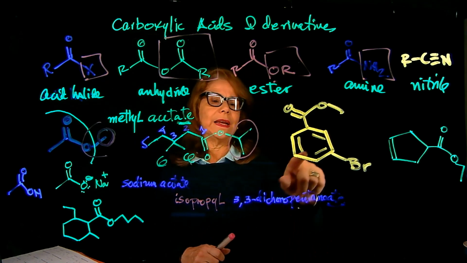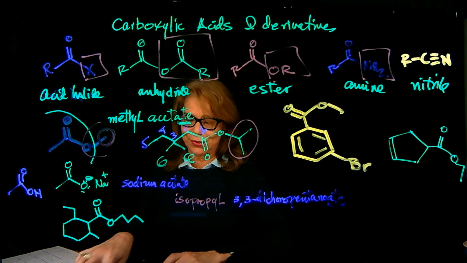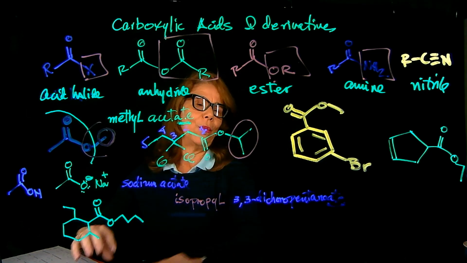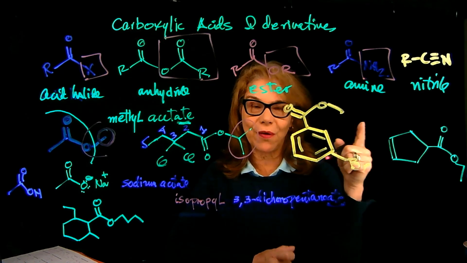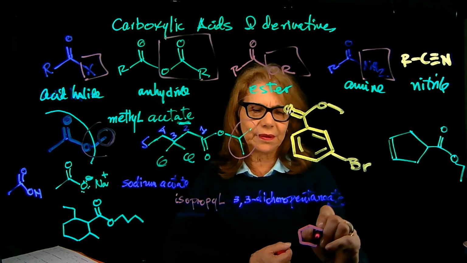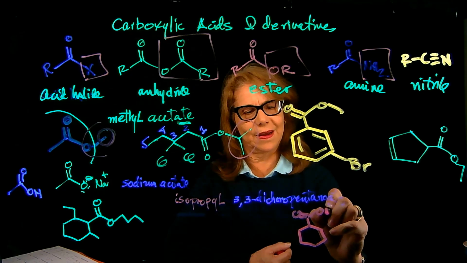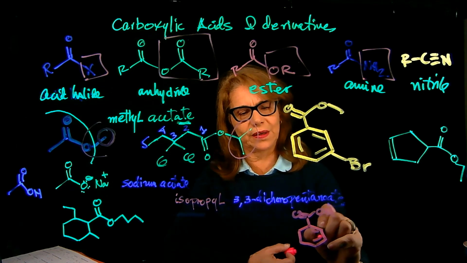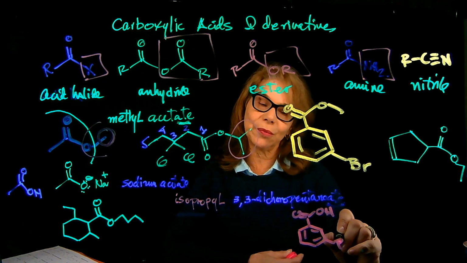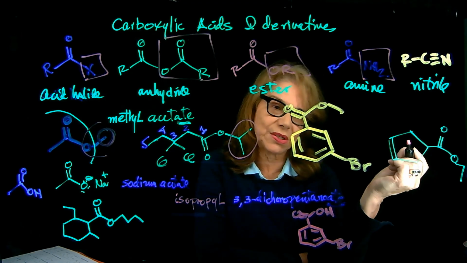All right, this one is easier because we know what this is coming from, benzoic acid. Remember that benzoic acid is this. If I keep that substituent, this is going to be 3-bromobenzoic acid or meta-bromobenzoic acid.